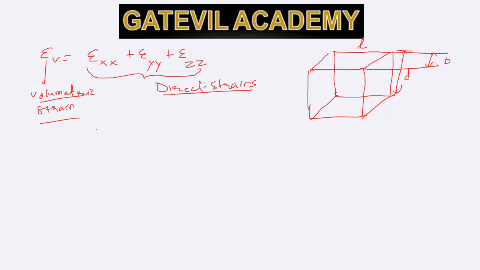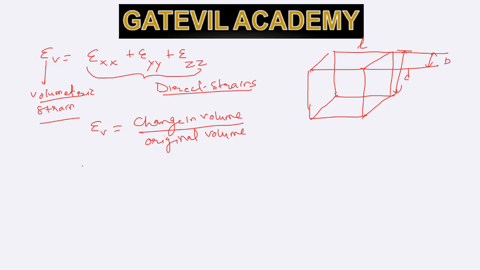From the original expression for epsilon V, we know that it is the change in volume divided by the original volume. These length L, breadth B and depth D are the original lengths of the sides of this cube.